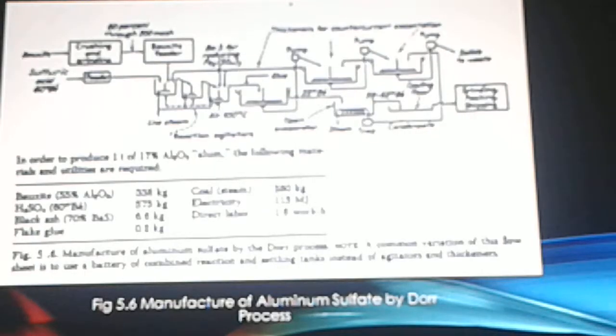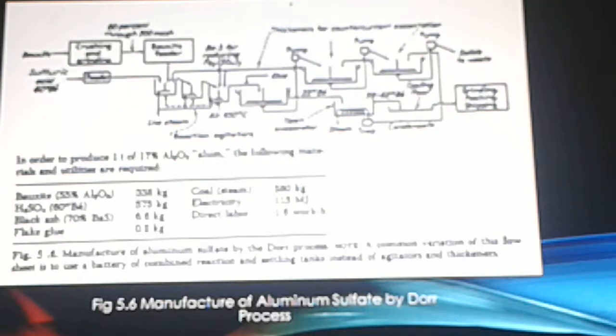Figure 5.6 shows the manufacture of aluminum sulfate using the Dorr process. In order to produce 1 ton of 17% aluminum sulfate or alum, the following materials and utilities are required.